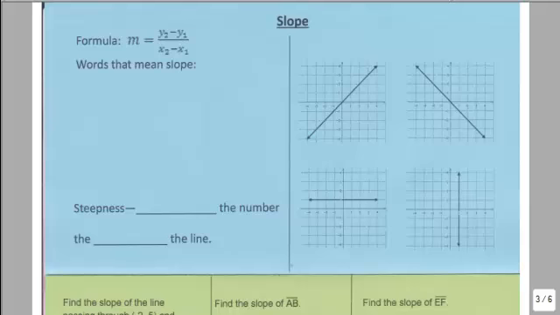Today we're going to be going over slope, which you should be very familiar with from Algebra 1, but we're going to go over it again just to make sure. So don't forget that words that mean slope are things like rate of change, how steep, sometimes will be the slope.